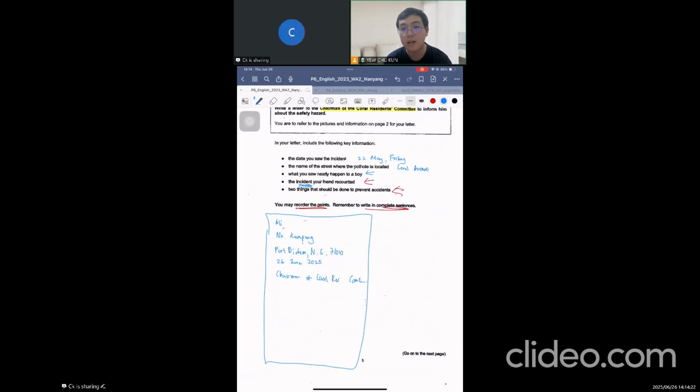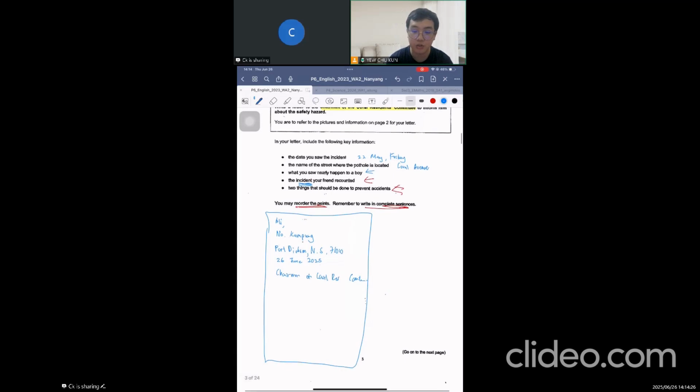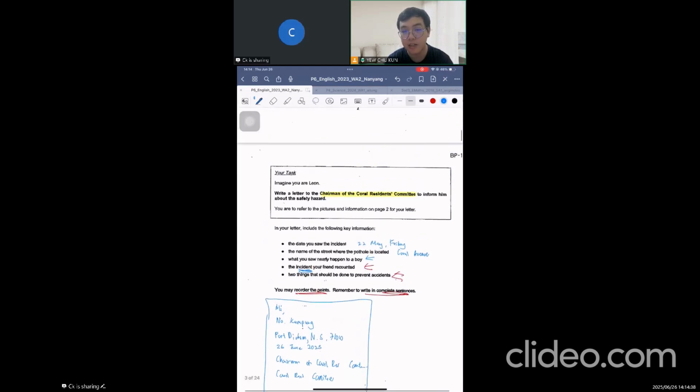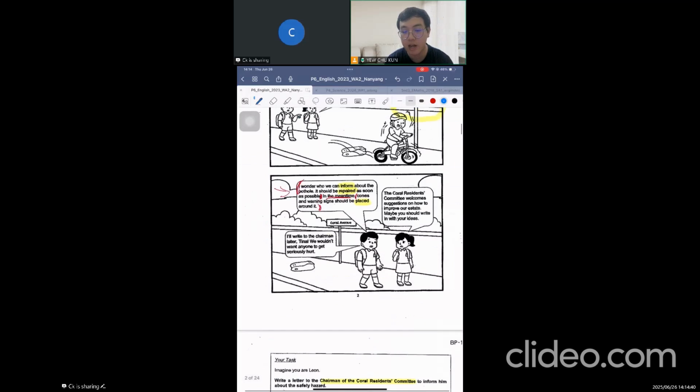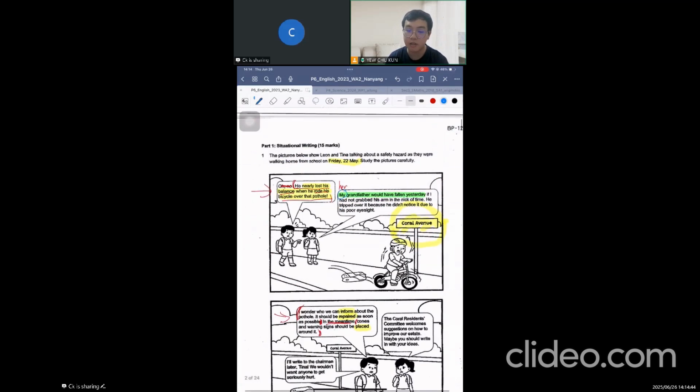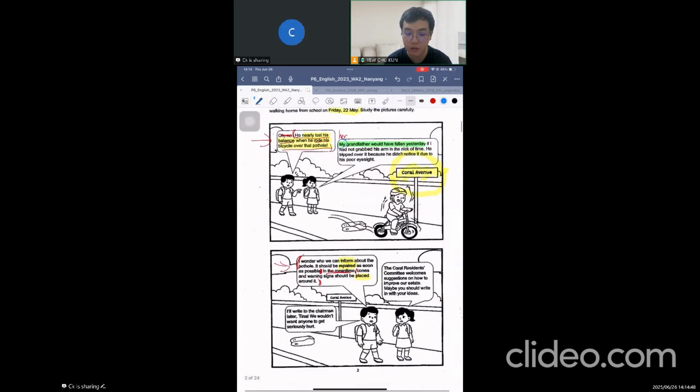Then after the person, you need to write the organization. So it's under Coral Resident Community. Right. So after that, you need to write the address. The address is not stated in the picture.